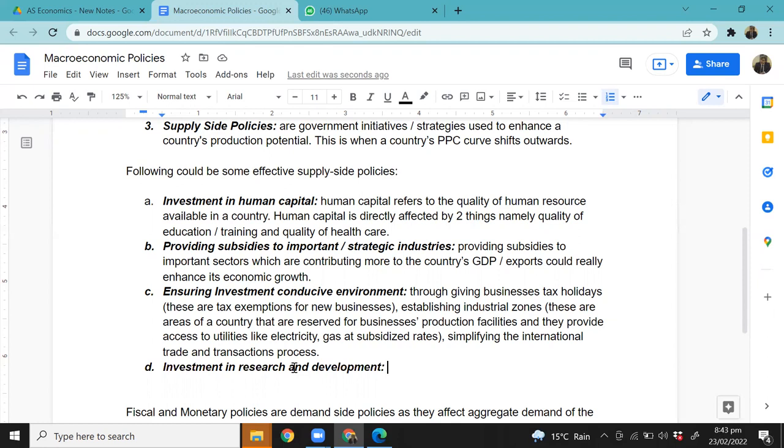No matter what product you think about, whether that be textiles, education, medicines, aircrafts, automotives, whatever, right? Now if you don't invest in research and development, how will you do that? The government has to make an environment that promotes investment in research and development. What can you do? You can do something similar to what I've mentioned over here. Giving incentives for businesses to do research and development, right?